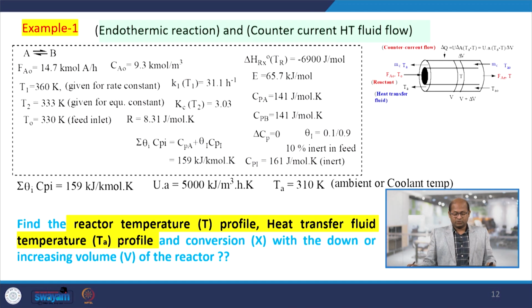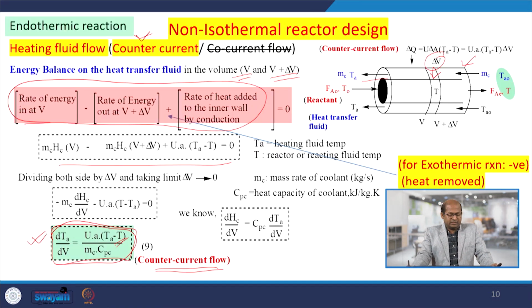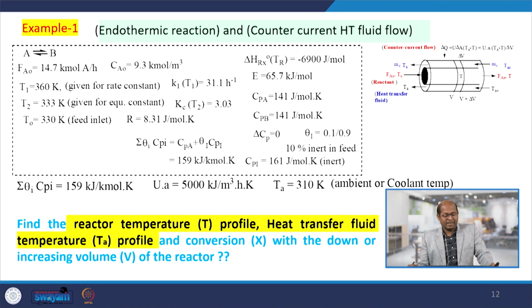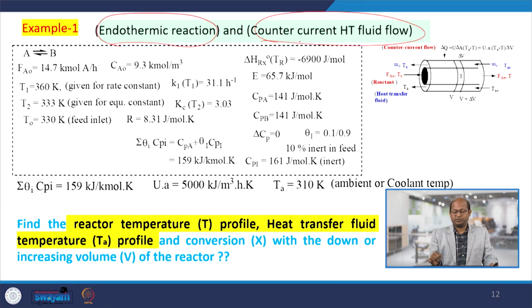Okay. So, now if we take one example, I am not doing the detailed derivations or discussions, just how it may come by doing the energy balance. Now, if you take an example numerical problem, here the reaction is an exothermic reaction, counter current fluid flow, the heat transfer fluid flow is counter current.